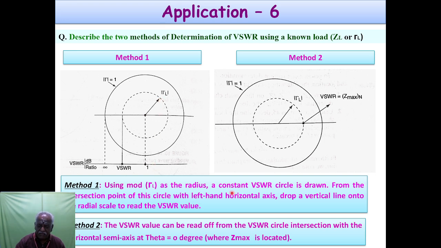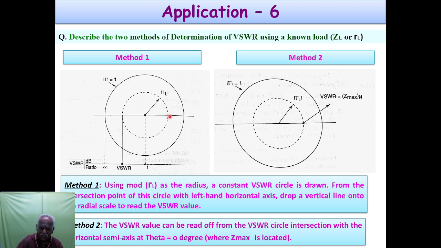Okay, a constant VSWR circle is drawn. Now our aim is to determine the VSWR. Once the gamma value is given, VSWR is equal to 1 plus gamma divided by 1 minus gamma. Mathematically we can determine it. Similarly, using the Smith chart, we are now trying to find the VSWR value.